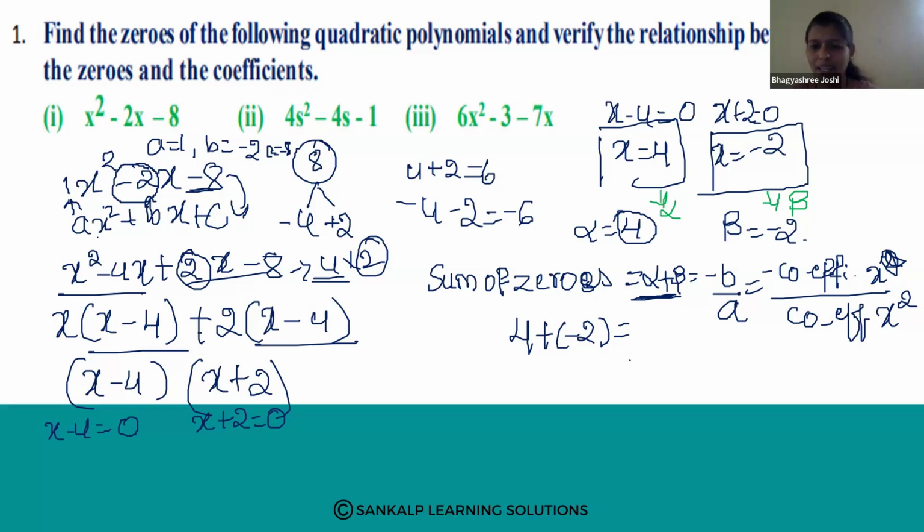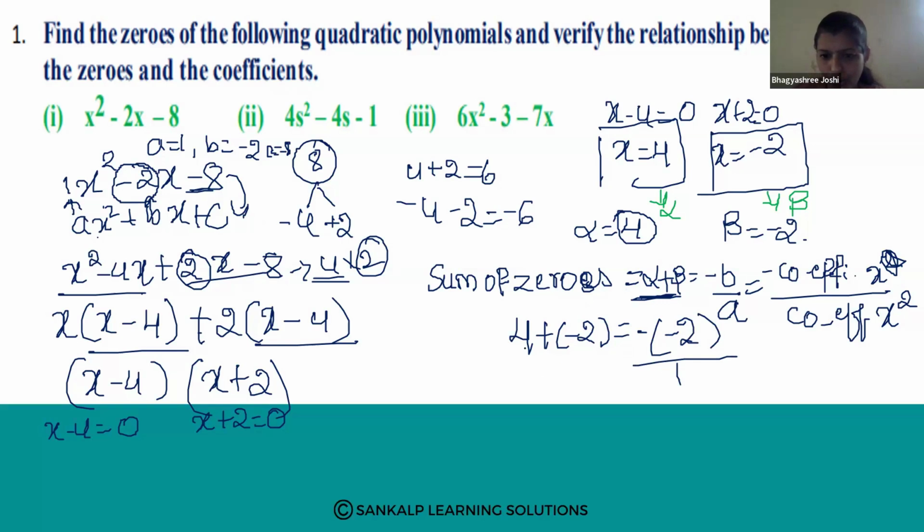Minus b divided by a. The minus is there in the formula, so write minus as it is. B value is minus 2, right? Divided by a value, which is 1, since nothing is written with x square means 1.